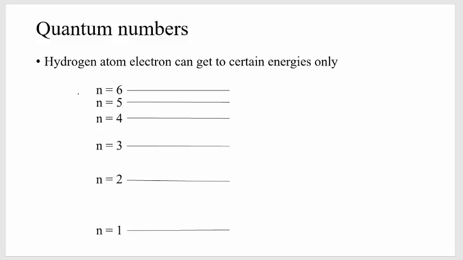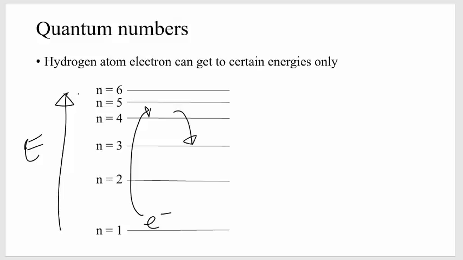So we've seen a little bit about this topic before when we talked about hydrogen emission and absorption of energy. We've looked at this energy scale for the different energies an electron can have. It can absorb energy and go up to a higher energy level, then go down in energy and emit that energy as a photon.